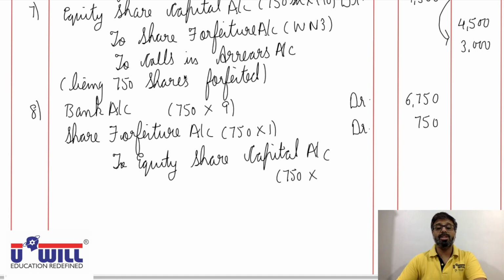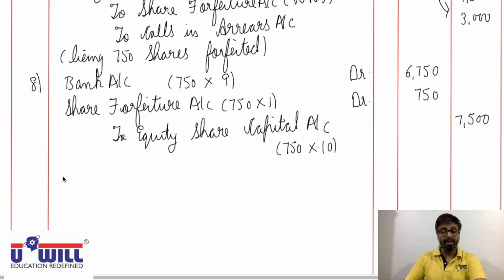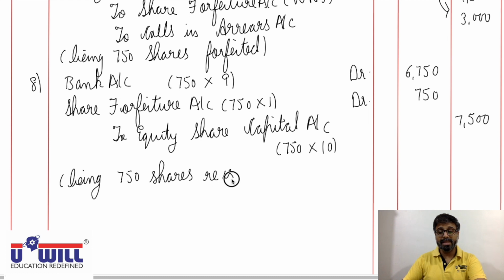After the final call, the shares are forfeited and reissued, so called up capital at this stage is 10 rupees. 750 into 10, 7,500. Being 750 shares reissued.